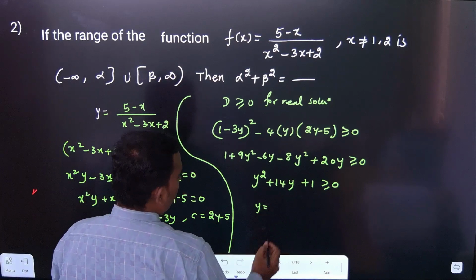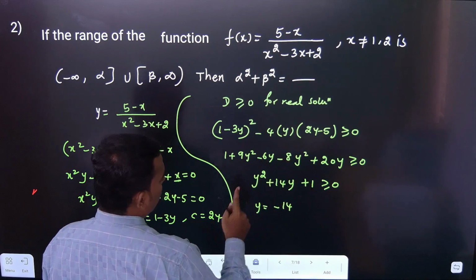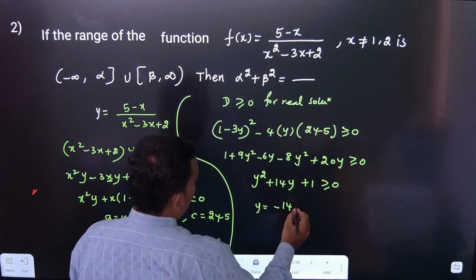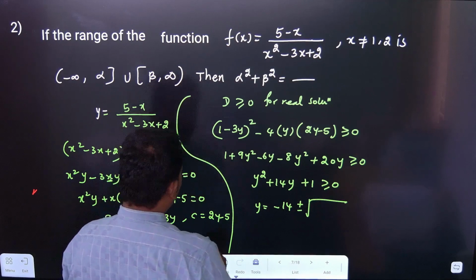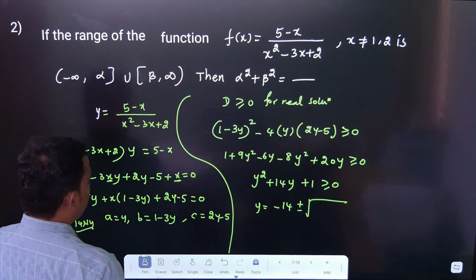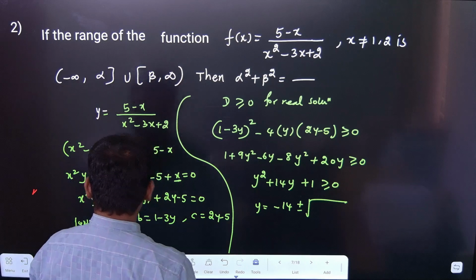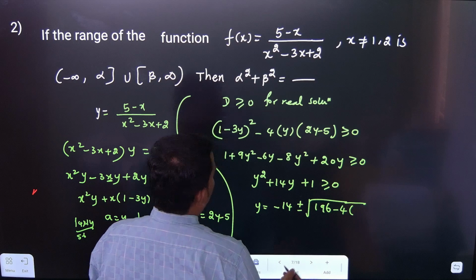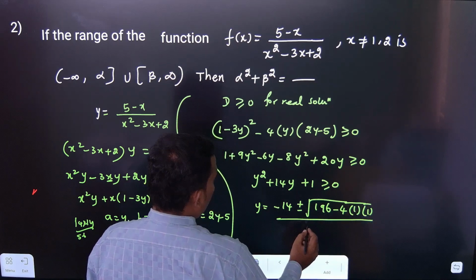So now you can solve this equation. y is equal to minus b plus or minus square root of b square minus 4ac, divided by 2a. You just check it once again: 9y square minus 8y square is y square, minus 6y plus 20y is 14y, plus 1, yes, correct. b square is 14 square, so 14 into 14, how much will it be? 196, right? 196 minus 4 into a, where a is 1 and c also 1, divided by 2.